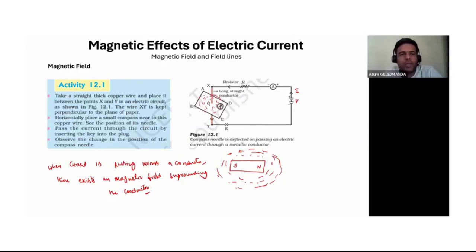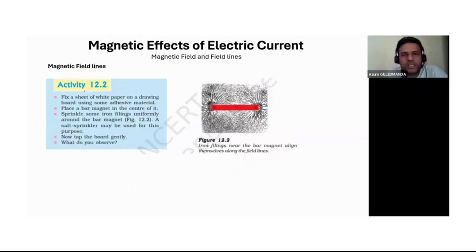Now let's look at how these magnetic lines are formed. Let's see this experiment now. Here we are fixing a sheet of white paper on a drawing board using adhesive material.